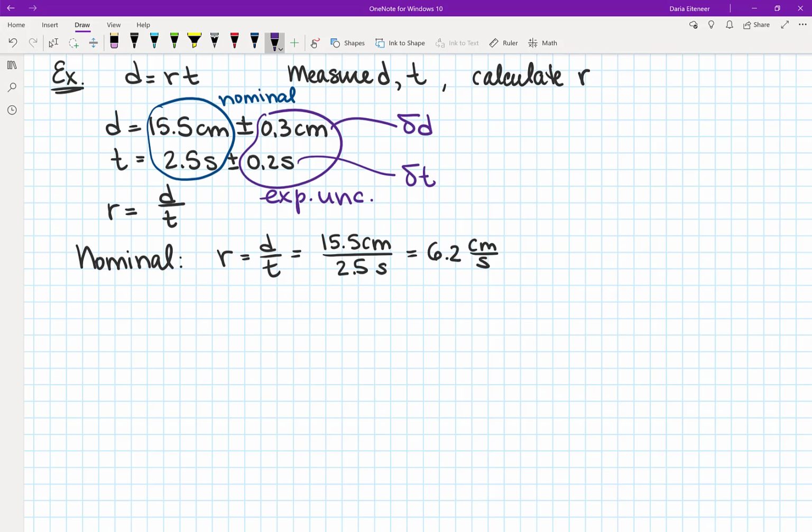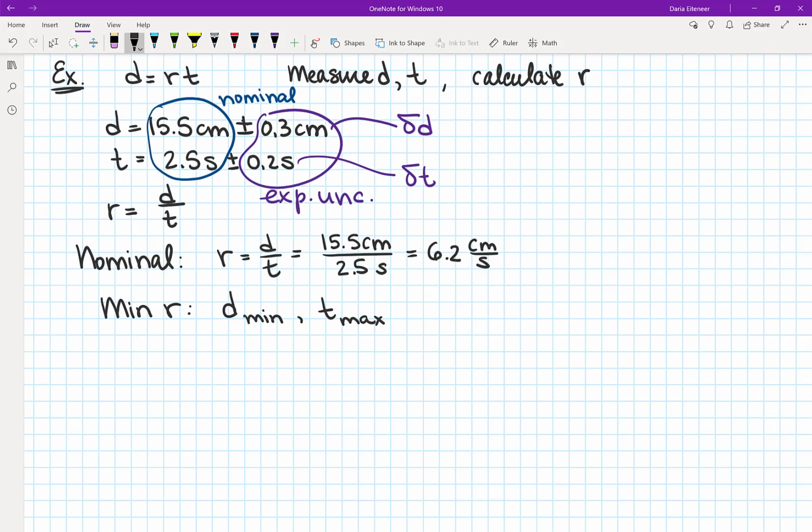So one of the ways to do that is, again, to think about minimum and maximum. I can figure out minimum value of R by taking the smallest possible distance and the largest possible time. Now, that combination of minimum and maximum variables depends on how exactly this calculation is done, right?